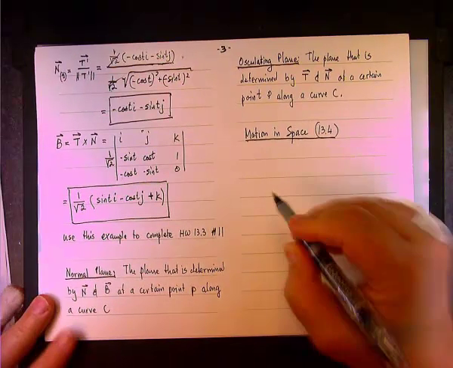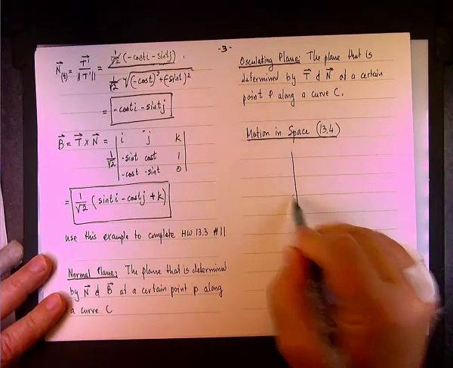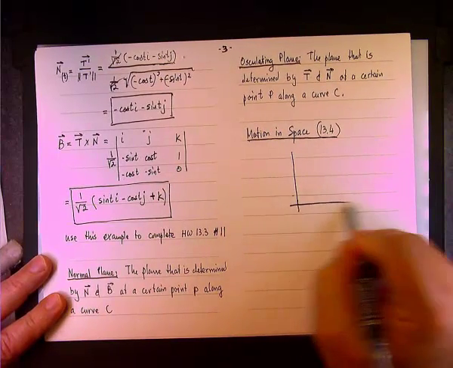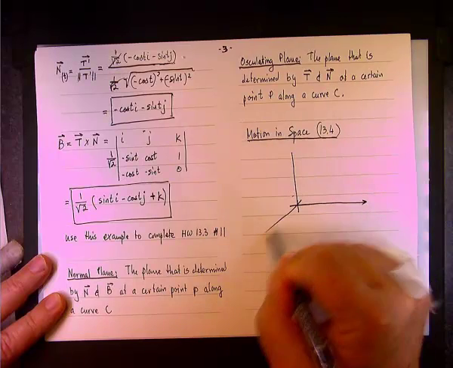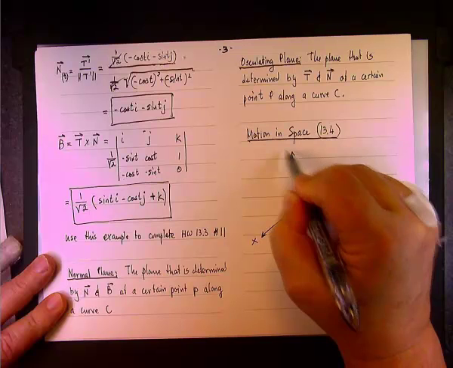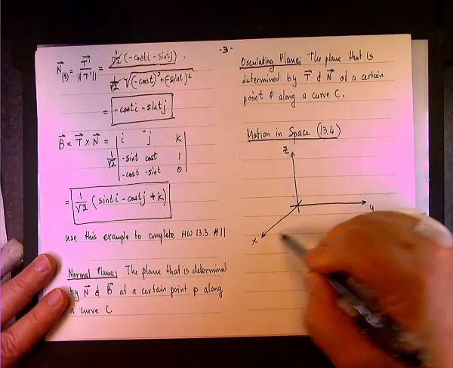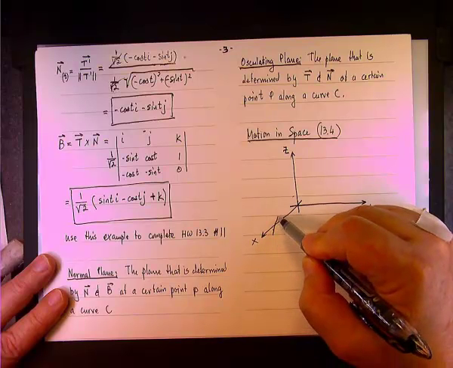So imagine that you have a three-dimensional coordinate system like so. And there is a curve in this space.